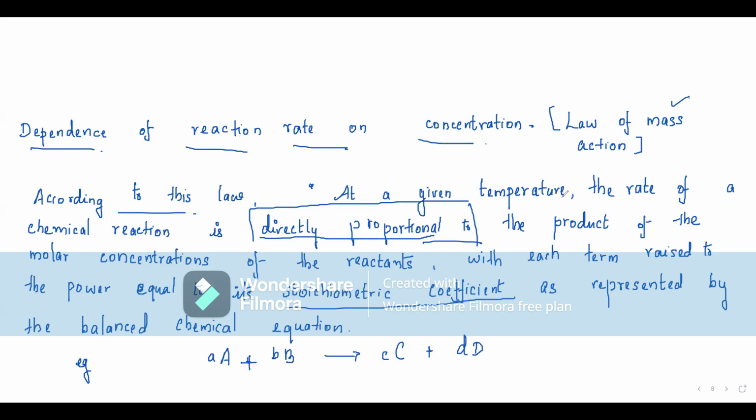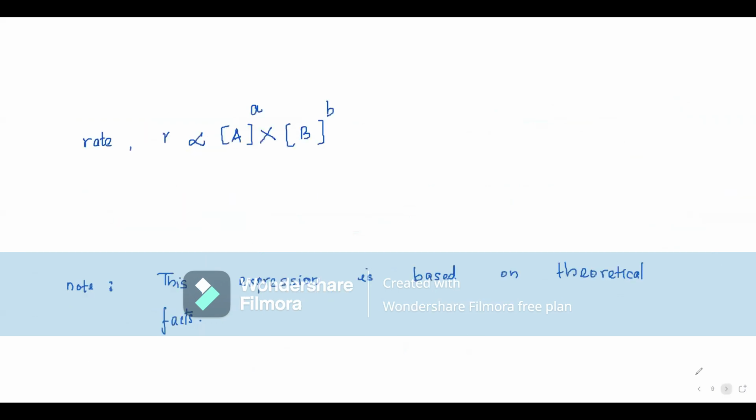At a given temperature, rate R is proportional to the product of molar concentration of reactants A into B, with each term raised to the power of its stoichiometric coefficient: [A] to the power of a into [B] to the power of b.